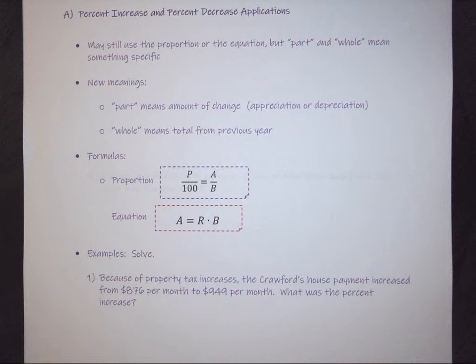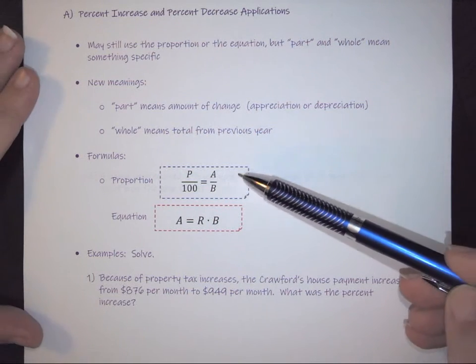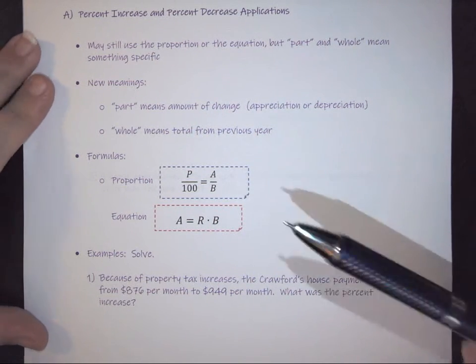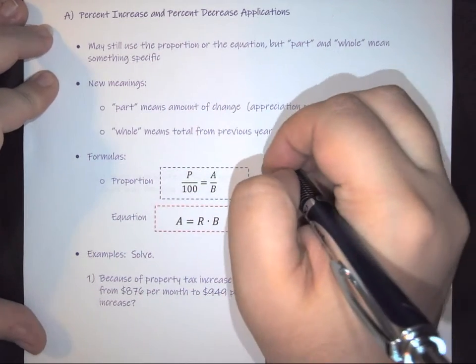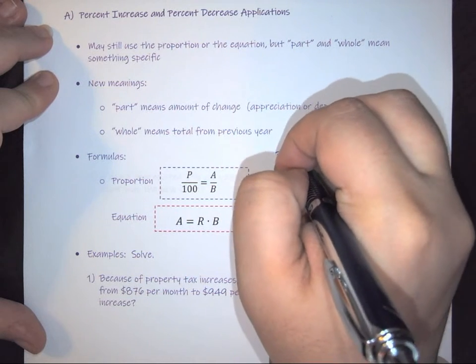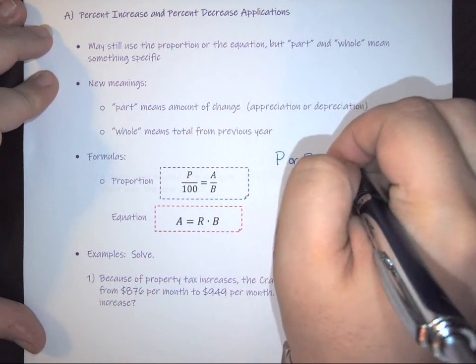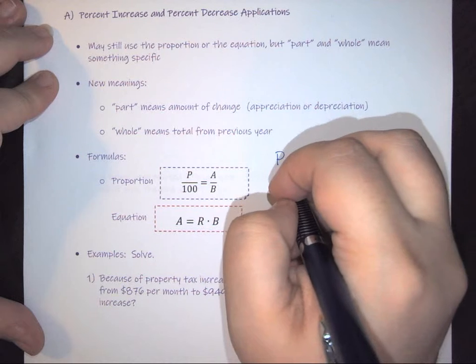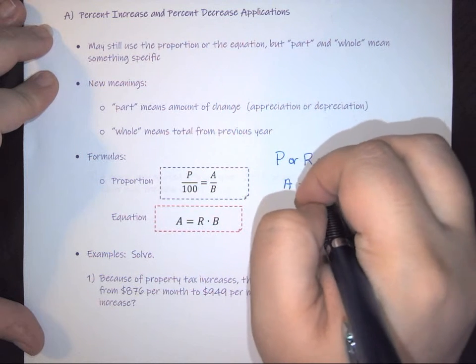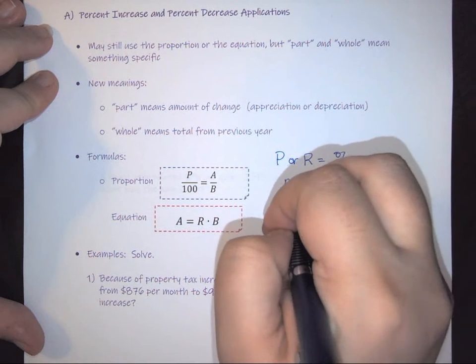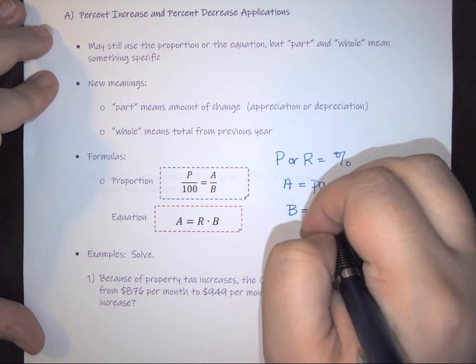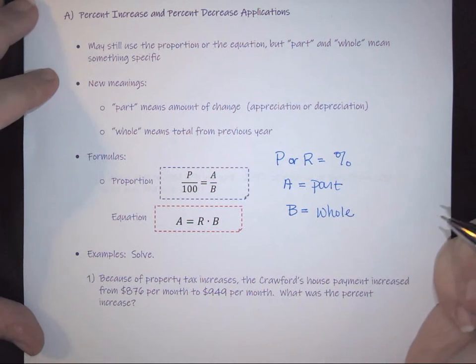In most cases, it's your total from a previous year. Your formulas are still going to be the same, where P or R is your percent, A is still your part, and B is still your whole.